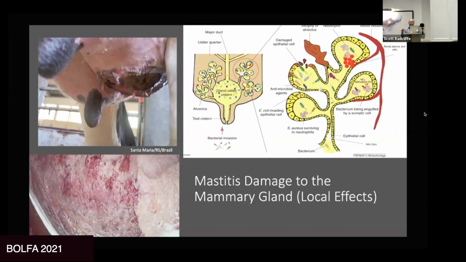Also I want to point out, it's very clear that bacterial invasion causes both local and systemic effects. Local effects, particularly in clinical mastitis, include broken tight junctions, lymphocyte infiltration, high SCC, and maybe apoptosis of mammary epithelial cells, which may cause permanent or temporary damage to the mammary gland.